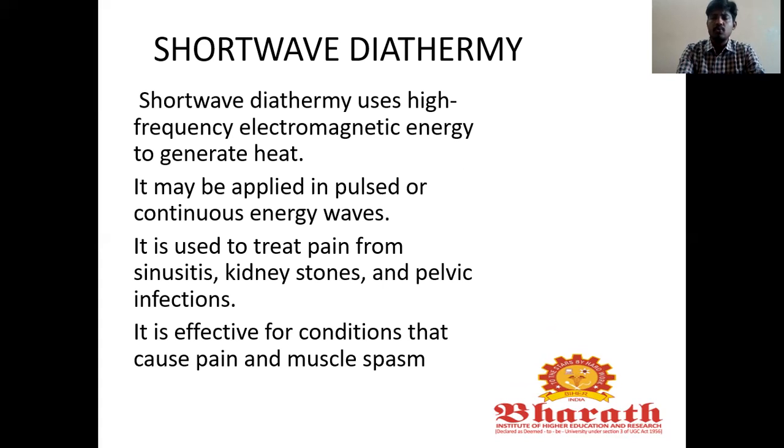When the outer skin or soft tissue is damaged, we can apply high frequency electromagnetic energy to generate heat. It may be applied as pulsed or continuous energy waves. It is used to treat pain. At the same time, it can be used for pelvic infections, kidney stones, and small hematoma.